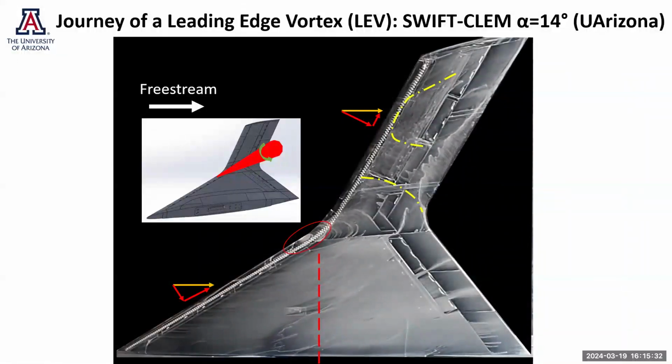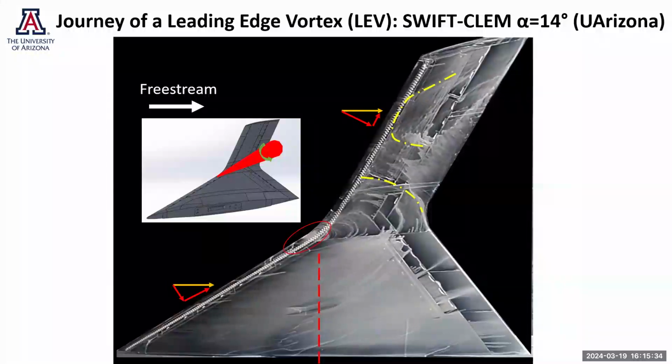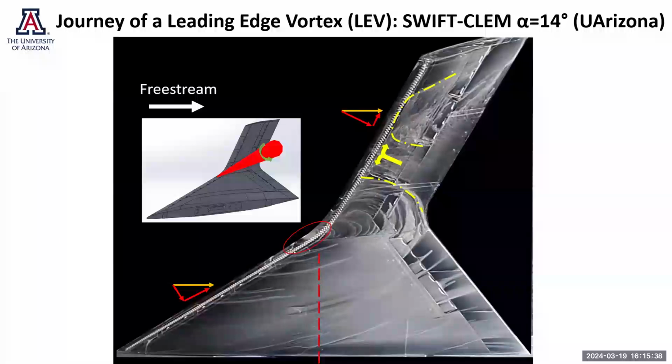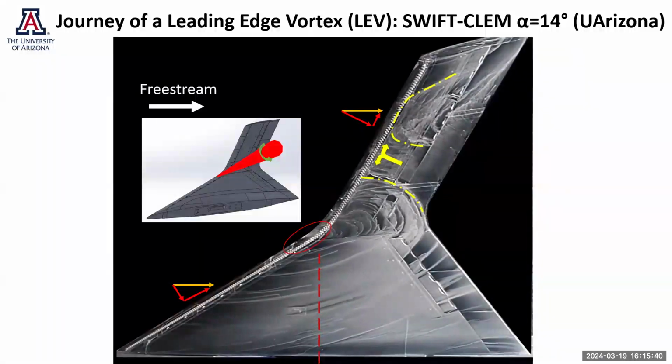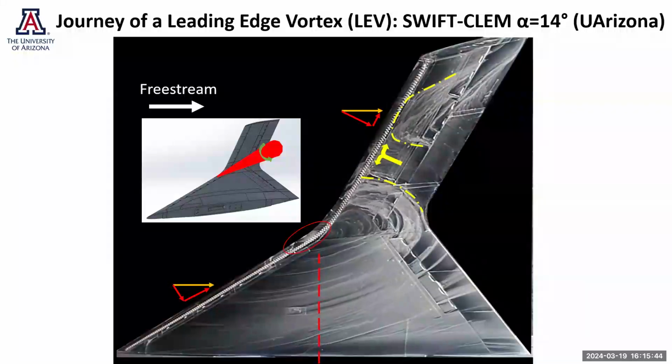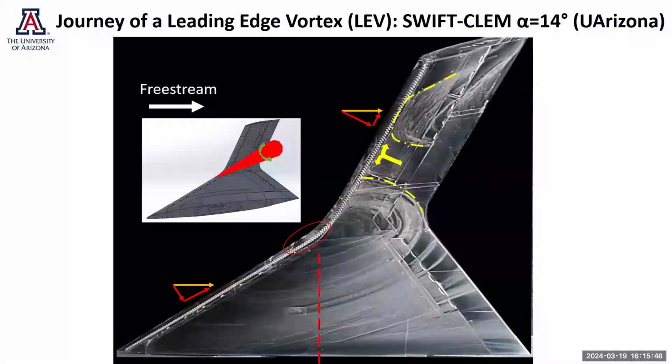Now, if you see a flow curvature in this region and that region, that indicates that there should be a saddle point over here, wherein part of the flow comes and re-energizes the vortex liftoff process, and part of the flow goes outward and joins the tip vortex.